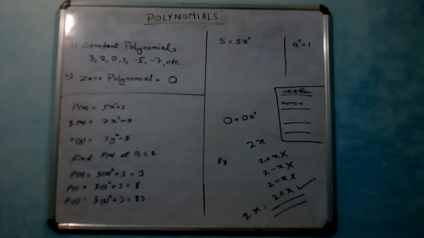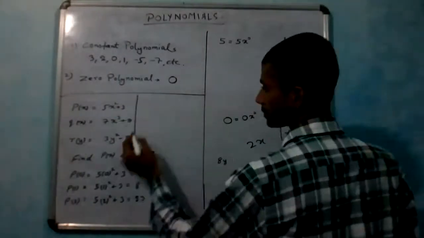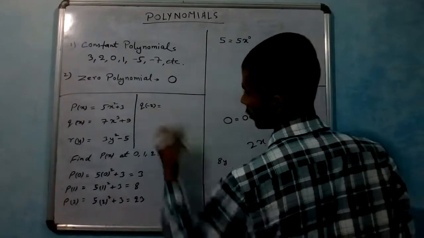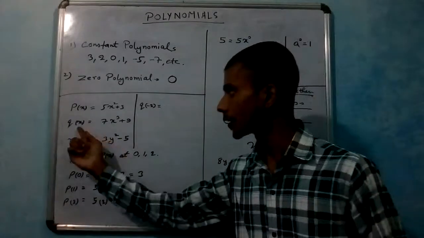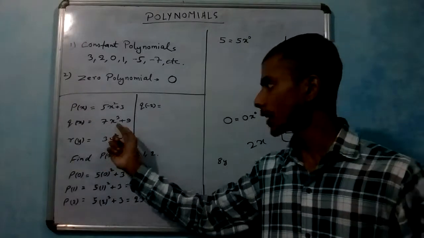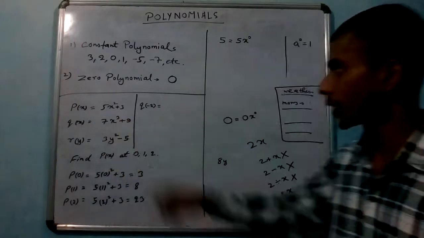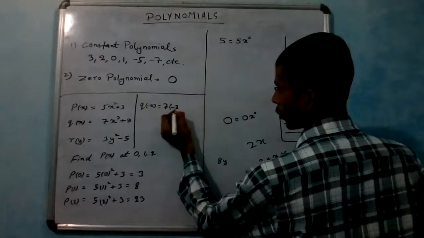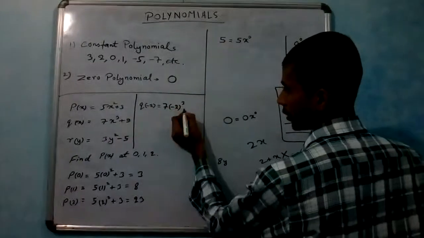Now can you tell me the value of q of minus 2? What is qx here? So q of minus 2 means in place of x we have to substitute minus 2. Let us do this. 7 and then minus 2 whole raised to the power 3 plus 9. Come on.